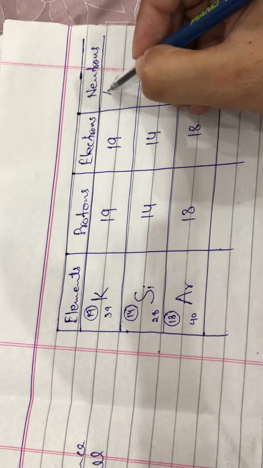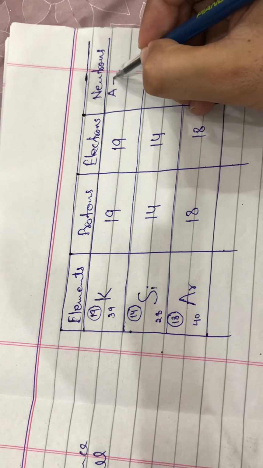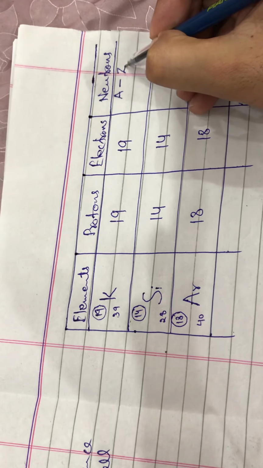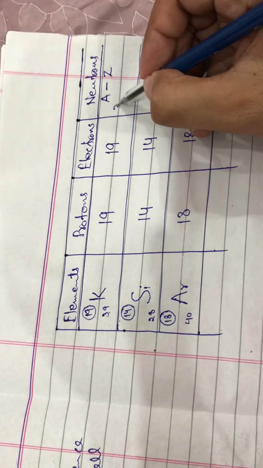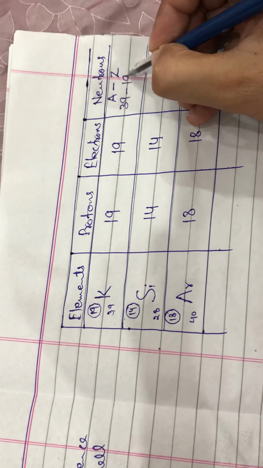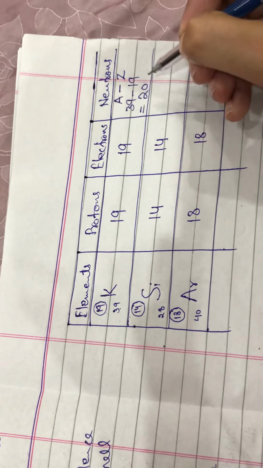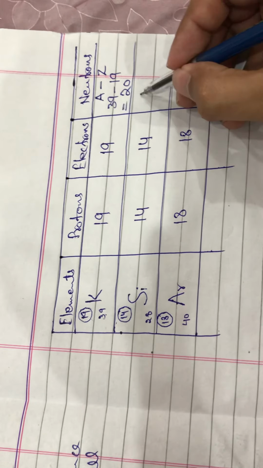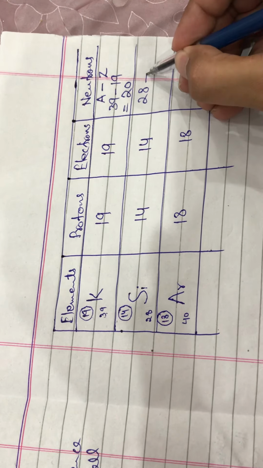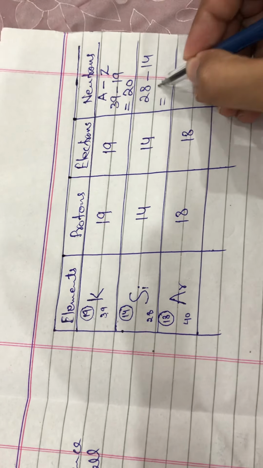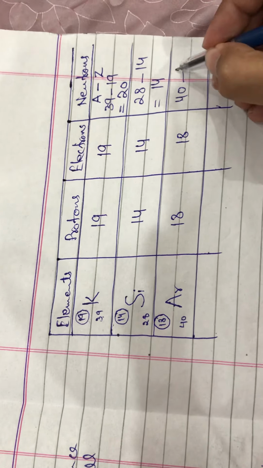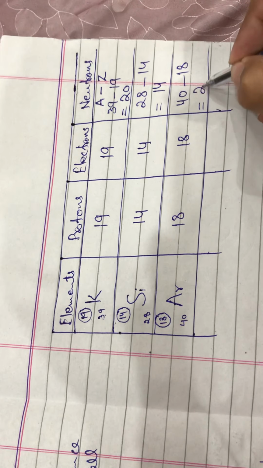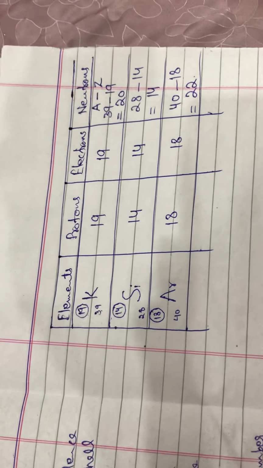Previously you learned that neutrons are atomic mass minus atomic number, 39 minus 19, the answer will be 20. Similarly, for silicon, 28 minus 14 is 14, and for argon we have 40 minus 18, and our answer will be 22.